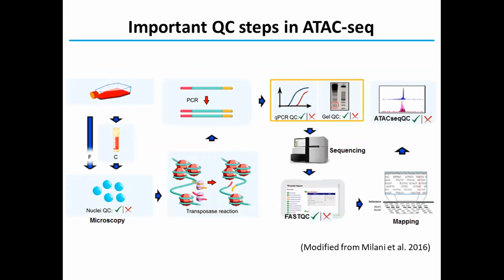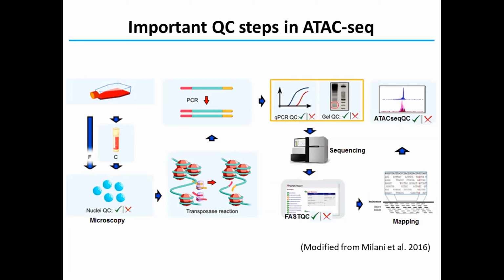strict QC steps during the process, including nuclei QC, where we can check the nuclei quality under the microscope. Post PCR amplification, we need to check whether the promoter region of a highly expressed gene, like a housekeeping gene, is enriched during the process, while the gene desert region is not enriched.